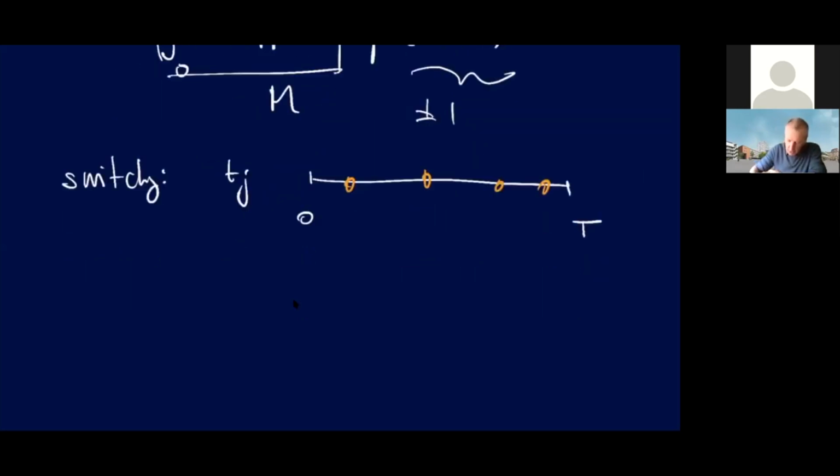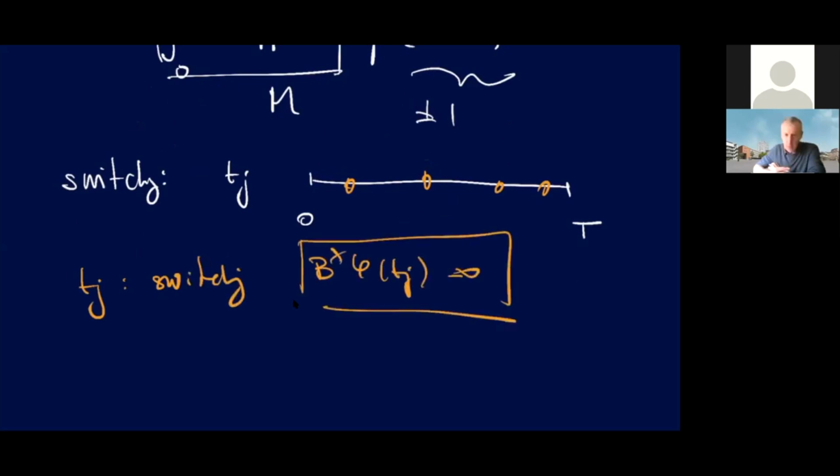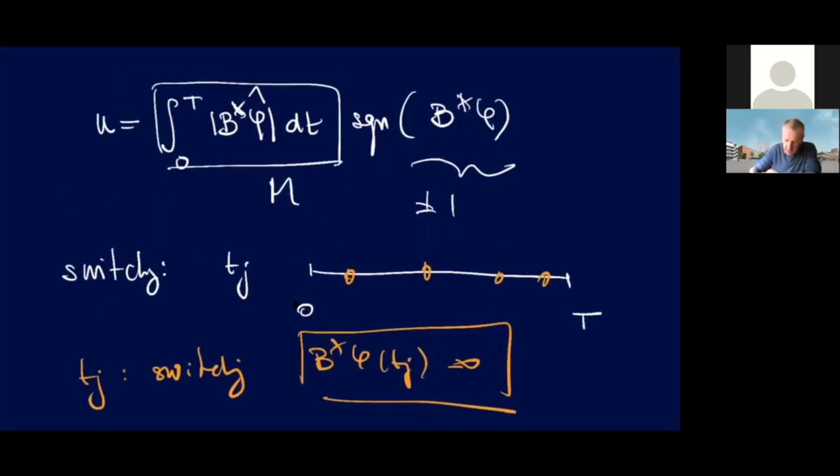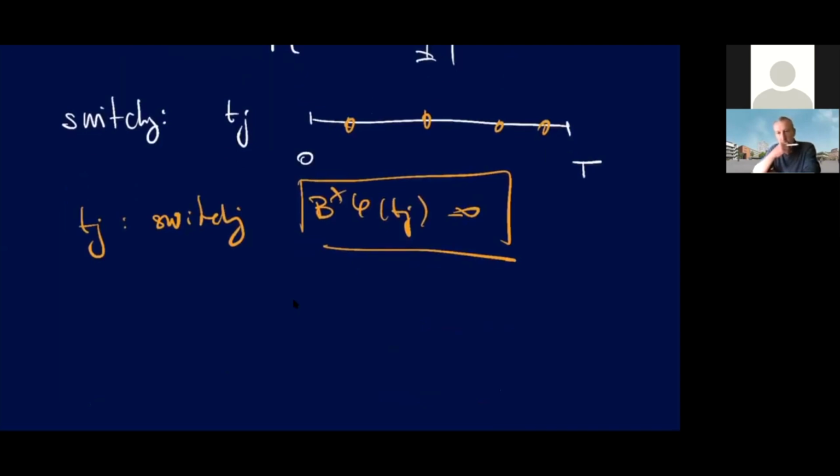So this is a switching time if b star phi(t_j) is equal to 0, right? Because this is precisely when the sign is jumping from 1 to -1, from -1 to 1, right?